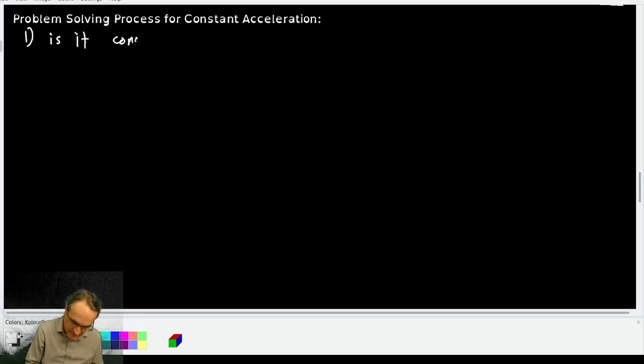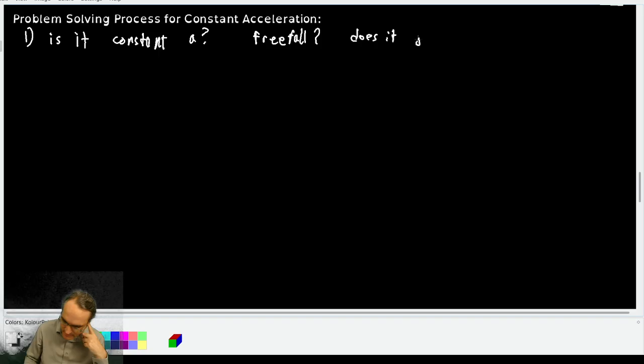is it constant acceleration? Well, you can look up, is it free fall? Because that tells you it's constant acceleration. Does it just come out and say constant acceleration? That actually happens a fair amount, believe it or not.